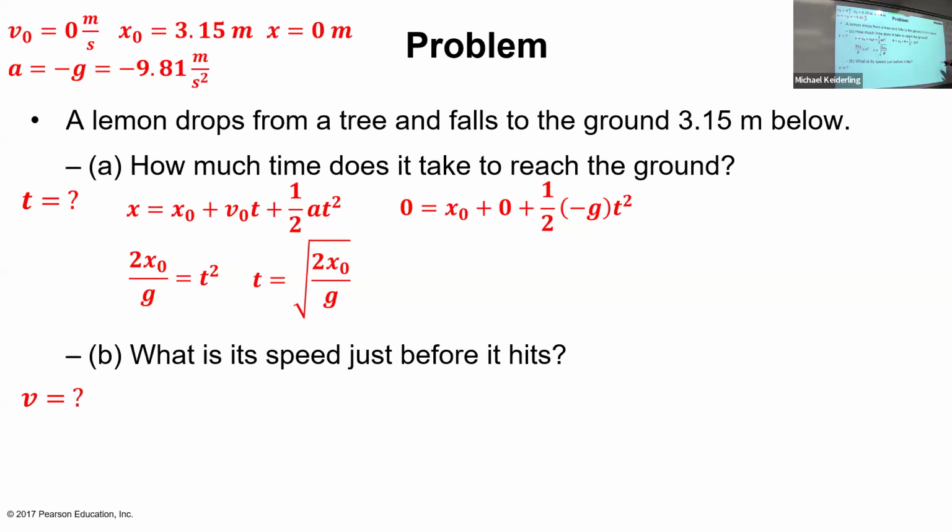In general, when you're trying to find time in one of these, you can plug in your values and use the quadratic equation. You might have to move your final position over so you have 0 equals something. So if we plug in our numbers, 2 times 3.55 meters over 9.81 meters per second squared, and all square rooted, we get 0.801 seconds.